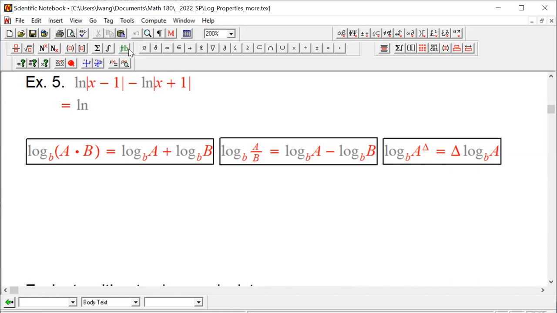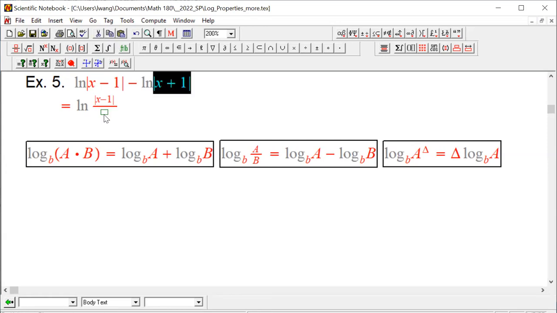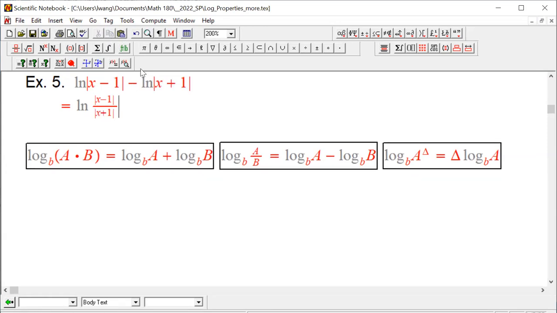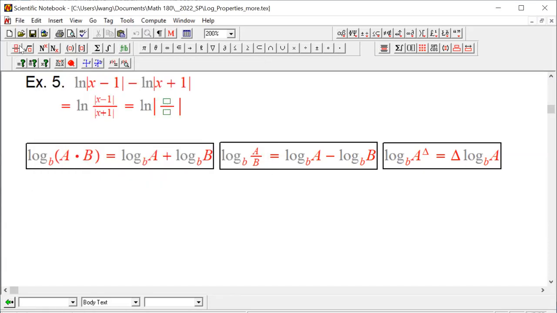So ln of the absolute value of x minus 1, that's a capital A right here, right? And x plus 1. And that's it, that's done. The only next thing you can do is that you put the absolute value into one, okay? ln of the absolute value of x minus 1 over x plus 1. That's the only thing you can do. So that's the answer, you're done.